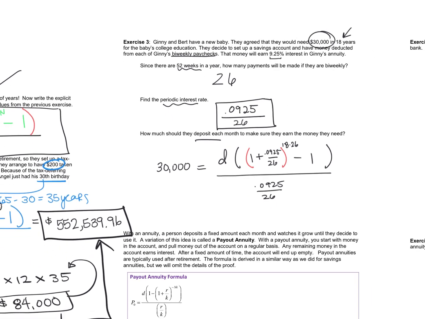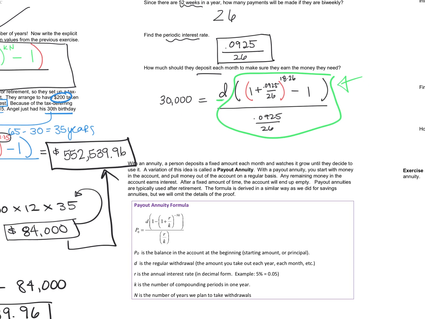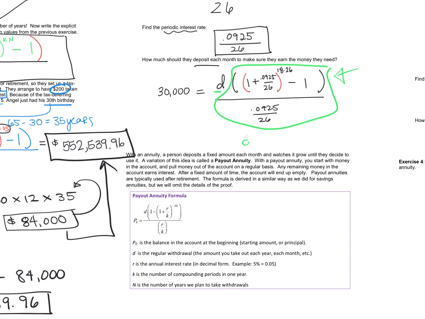So now if I was entering this in my calculator, here's the deal. This entire thing here is a number, and it's being multiplied by RD, the thing we want to know. So if we want to solve for RD, we will have to divide by this whole quantity here. And so what that would look like is going to look really messy. Again, you can enter it into decimals very nicely. So I would enter the 30,000, and then if you hit the divided by symbol, again, we're going to divide by that whole entire chunk.